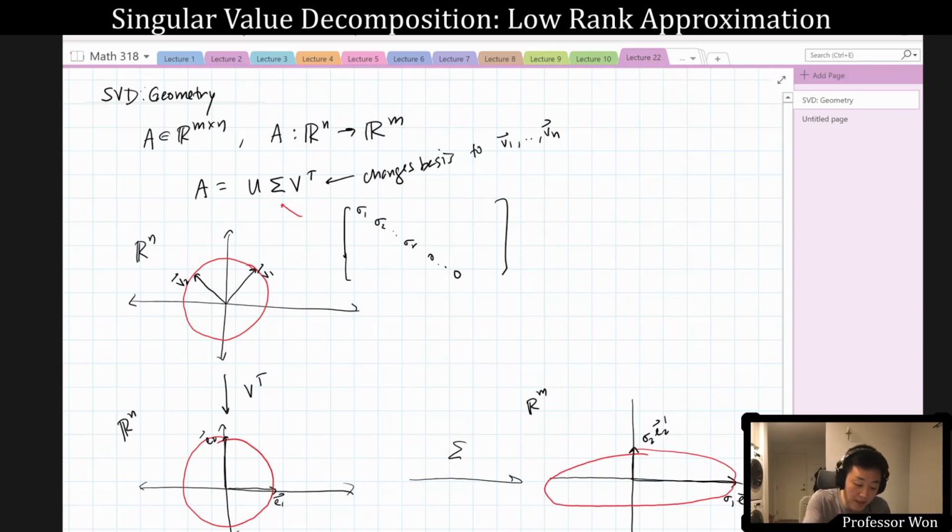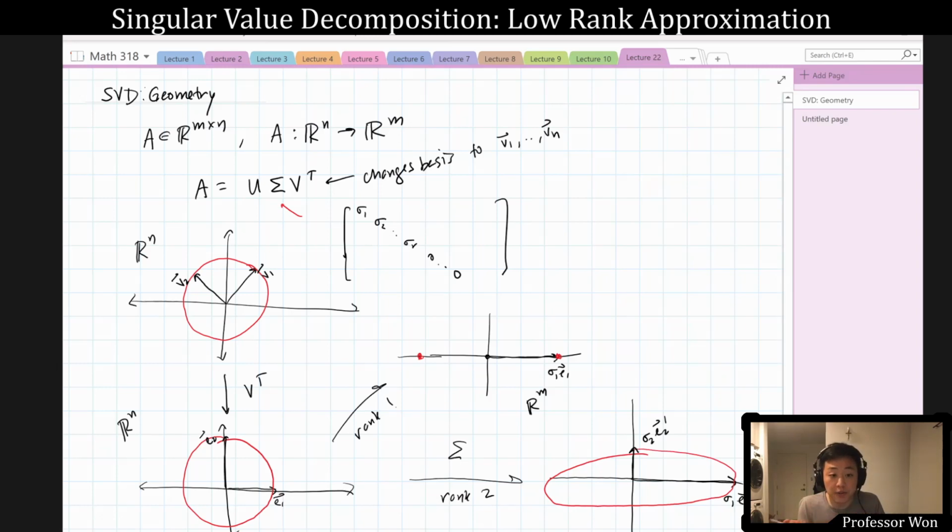Or maybe in another world, if sigma 2 were 0, if it were a rank 1 matrix, then you'd just be sending E1 to sigma 1 E1, and you'd be sending E2 to 0, and so you would get this degenerate ellipse. The sphere is 2 points. So these are 2 possibilities. This one has rank 2. This one has rank 1.